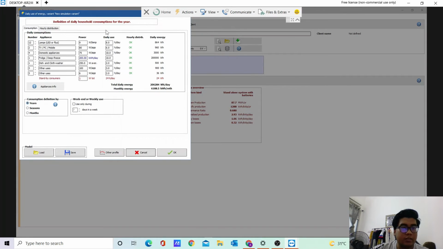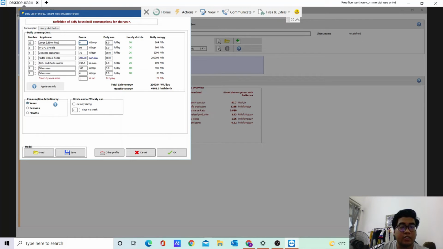As we can see here, the appliances include lamps, TV, PC, mobile, domestic appliance, fridge, deep freeze, dish and clothes washers, and other uses. For the lamps, the number of lamps is 12, and each lamp needs 9 watt, and the daily use for the lamps is 8 hours per day.